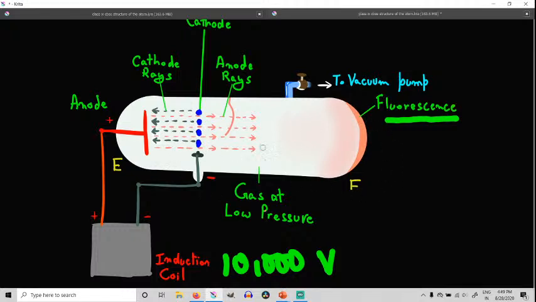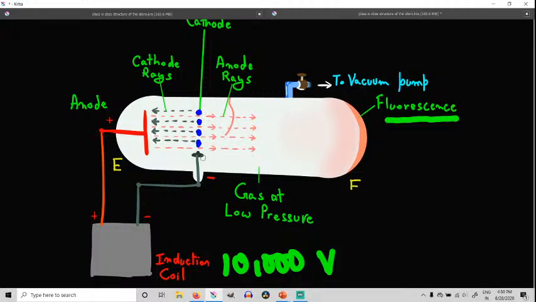At the back of the cathode, right? And this shows that some rays are coming from the side of the anode, and they pass through these holes. You can see these holes, and the rays are passing through these holes, right?